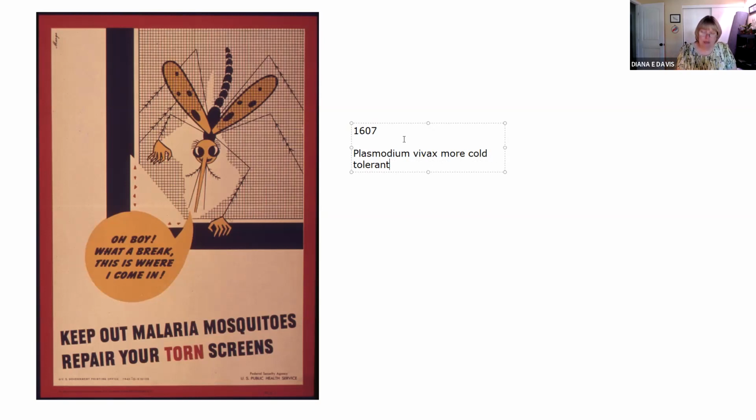By the 1800s, malaria was what we call endemic throughout most of the United States, east of the Rockies.